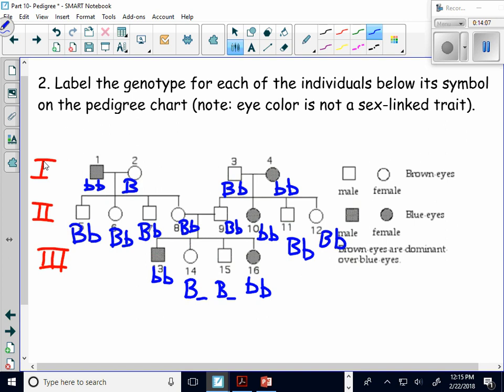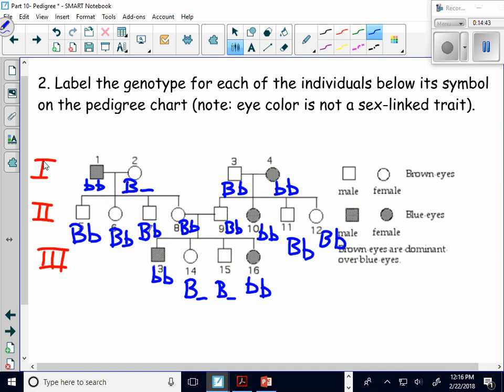Is she heterozygous or is she homozygous? We don't know, do we? There's nothing on this. 5 through 8 doesn't tell us that she's a little b. Could she be a little b? Could be. But could she be a big B too? Yeah. So this doesn't help us with number 2. Okay? We all right with that one?